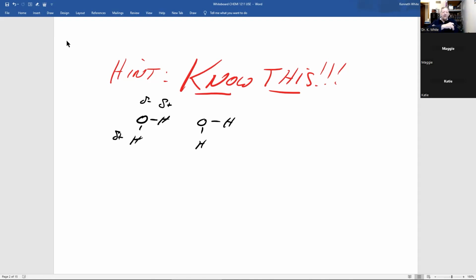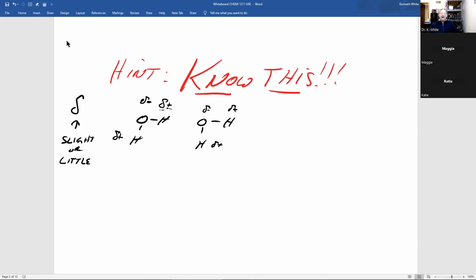Let's hold the electrons a little closer to me. So it has a slight negative charge. The hydrogen has a slight positive charge. Now, if we go over to this molecule, guess what? Same thing on that water molecule.